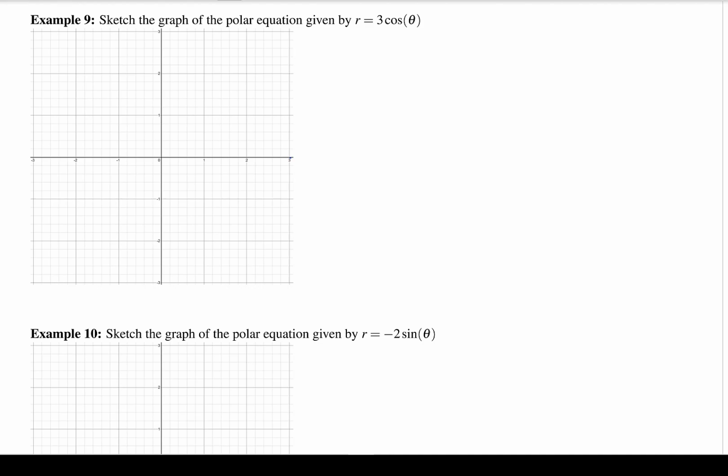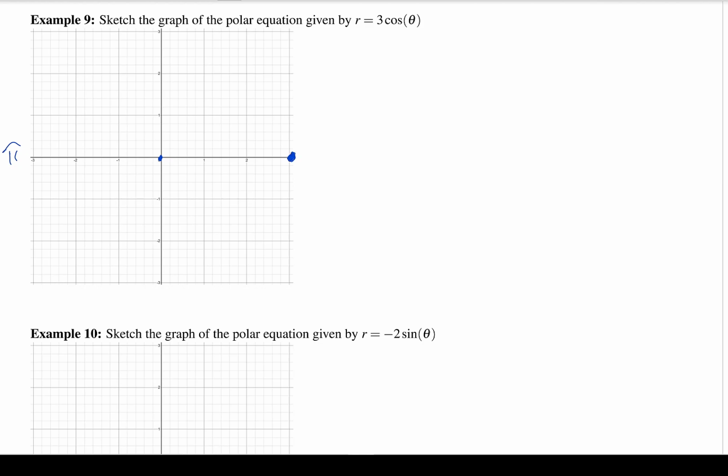Well, that's 3. If theta is equal to pi over 2, then we would get the point at 0. If theta was equal to pi, so this would be pi over here, then r would be negative 3. So that means that we would end up back over at this point again.